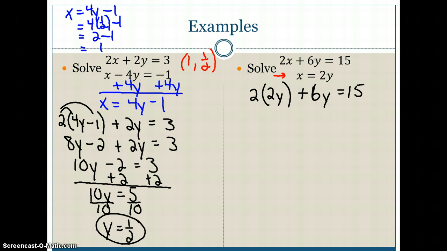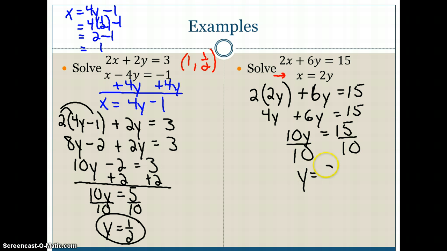2 times 2y is 4y plus 6y equals 15. 4y and 6y is 10y equal to 15. Divide both sides by 10. We end up with y is equal to 3/2.